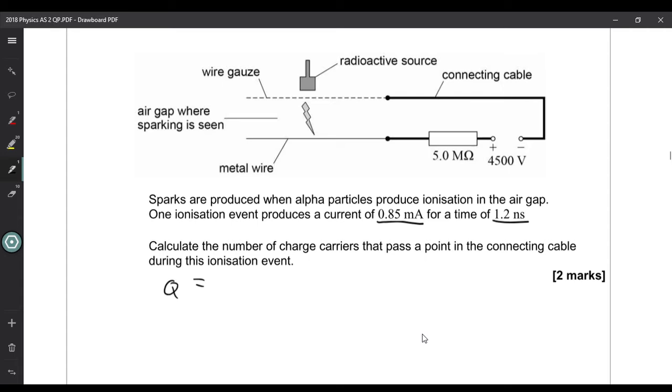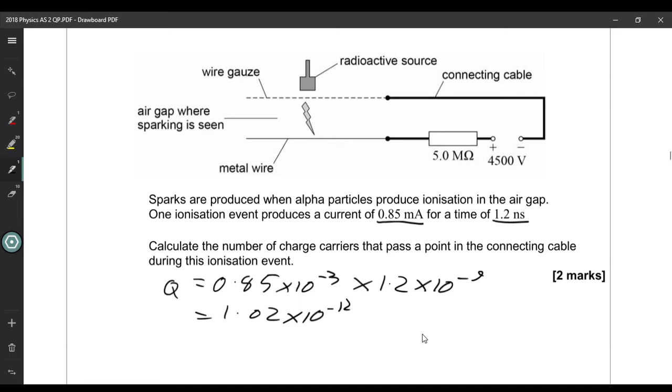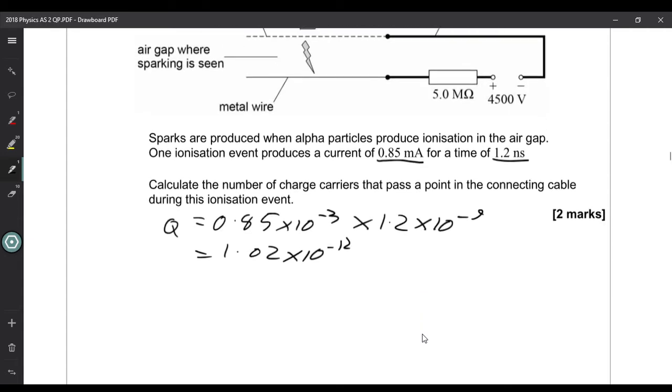So that's going to be 0.85 times 10 to the minus 3 times our time, which is 1.2, and don't forget it's nanoseconds, so that's times 10 to the minus 9, and that comes out to be 1.02 times 10 to the minus 12. So the key here is remember your prefixes. We're talking milliamps and nanoseconds, so don't forget the appropriate values.